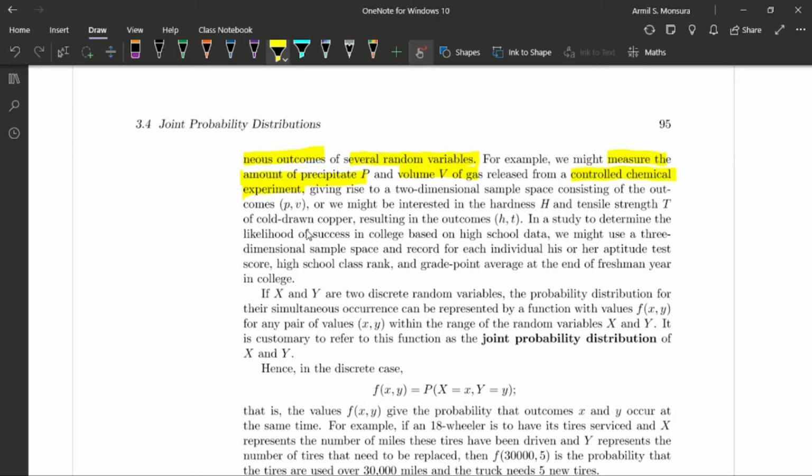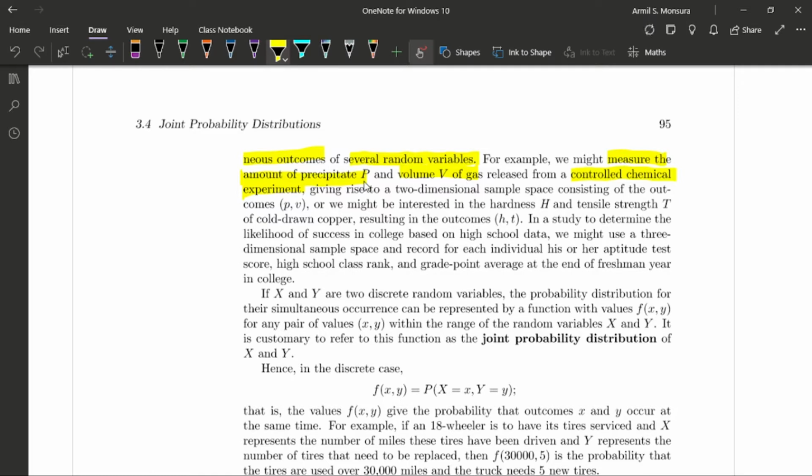So in this case, we are looking at two variables. In a given experiment, we are looking at two random variables, assuming two different quantities. Okay, which in this case is yung measured amount of precipitate and yung measured volume of the gas.